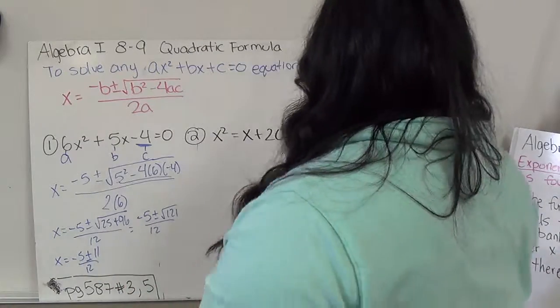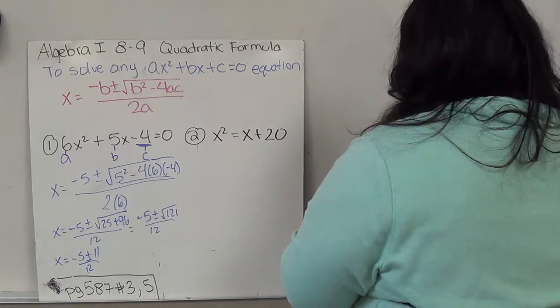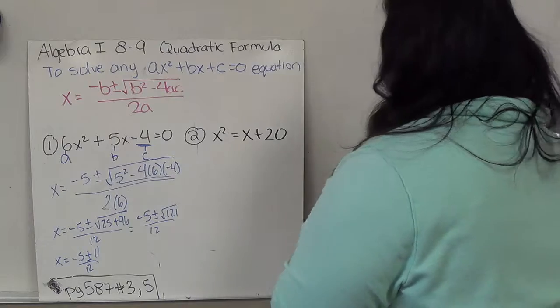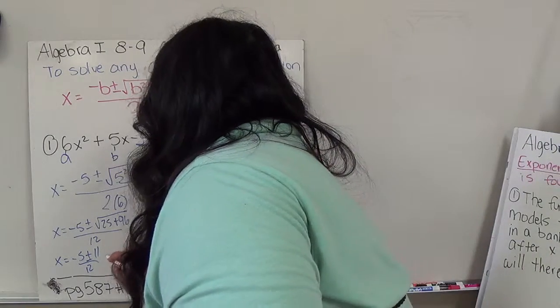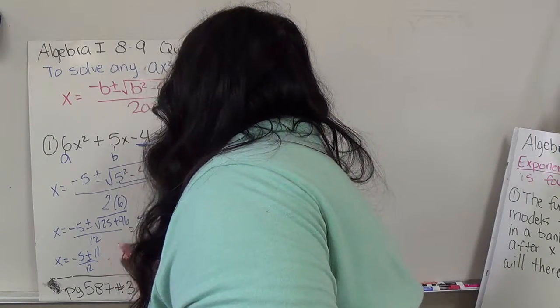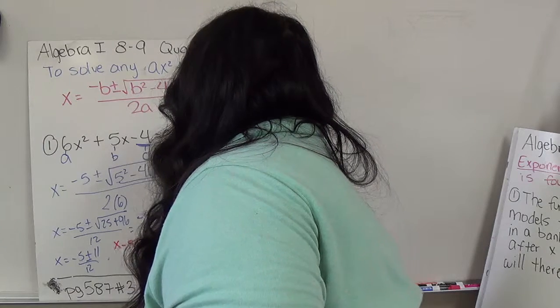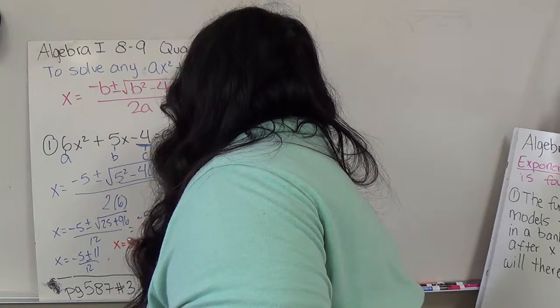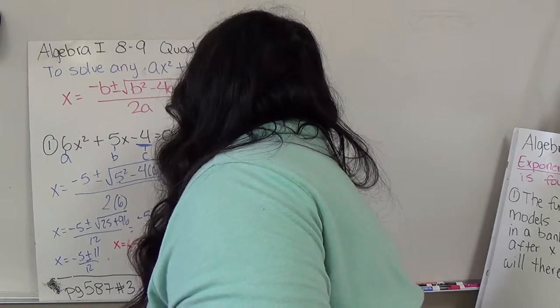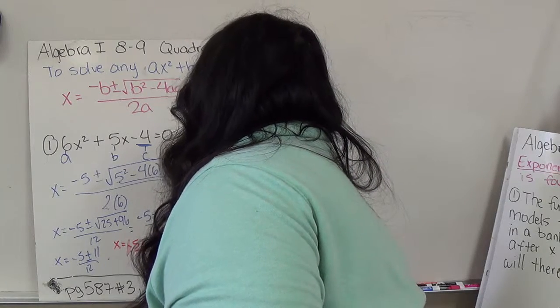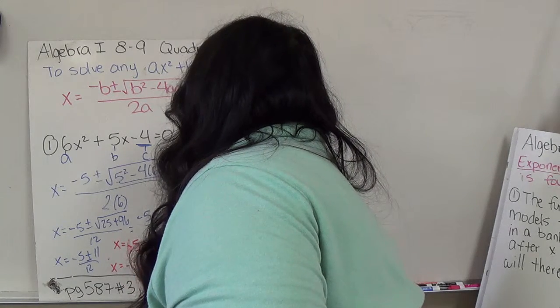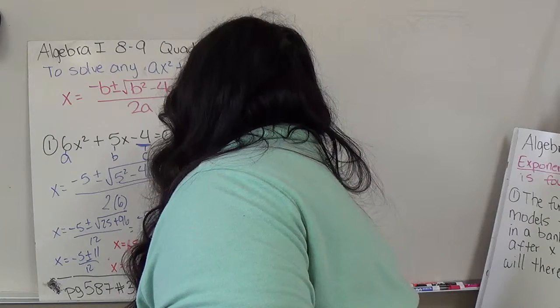So my two answers, because that plus and minus gives me two answers, are x equals negative 5 plus 11 over 12, and x equals negative 5 minus 11 over 12.